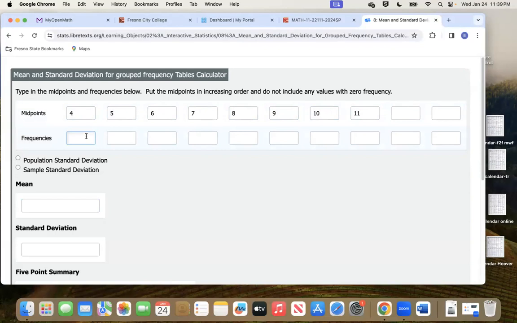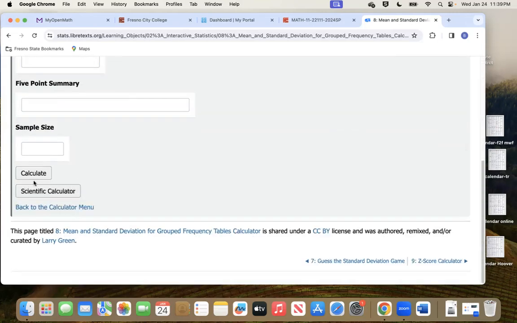And the frequencies, those were in the chart there: 6, 12, 10, 8, 8, 9, 10, 3. And then we just come on down and hit calculate.